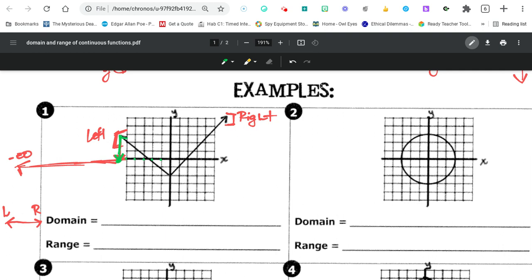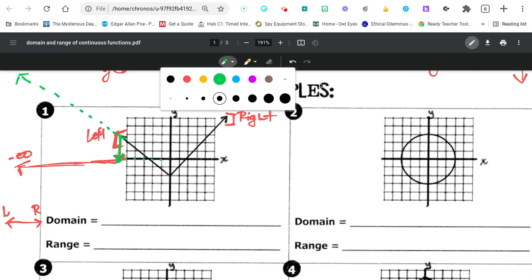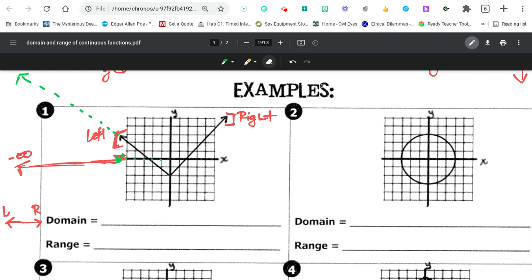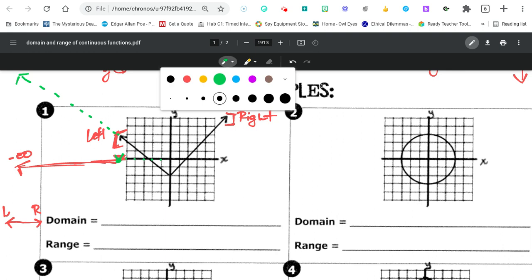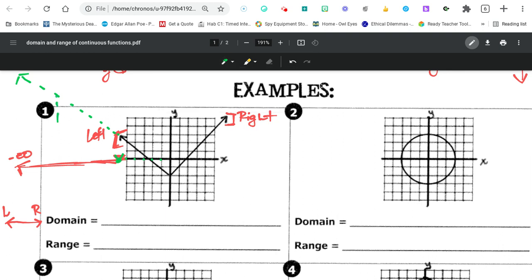It continues to keep on going. That's why you got that arrow. That's why you have this arrow right here, guys, because it keeps on going, okay? So if it keeps on going, it doesn't stop at any particular point on the x-axis. You can't label a point right here. It just continues to stretch to negative infinity.